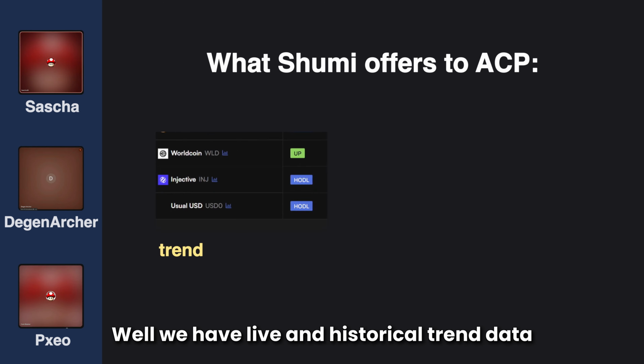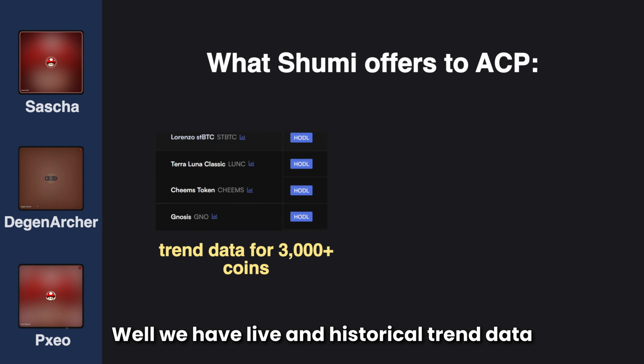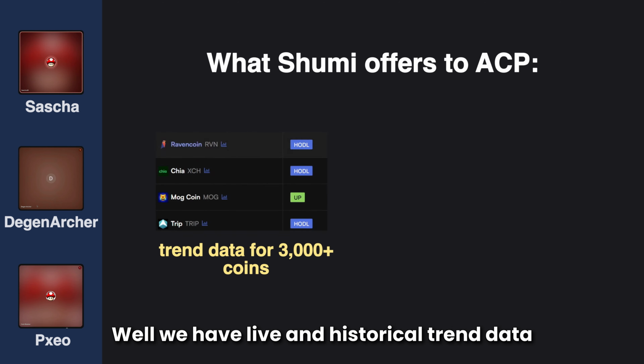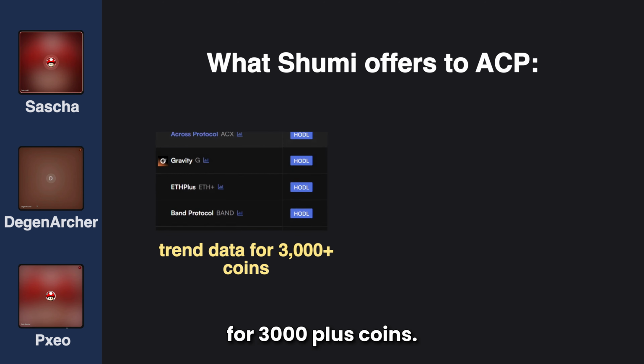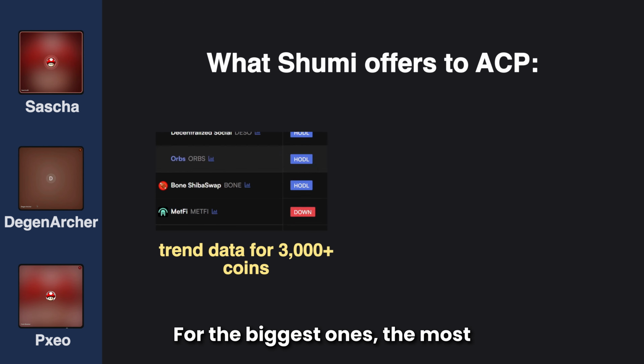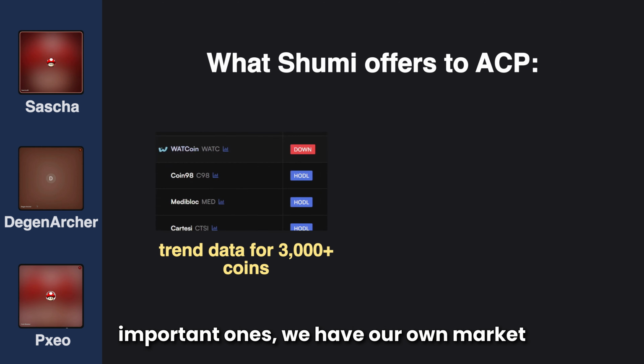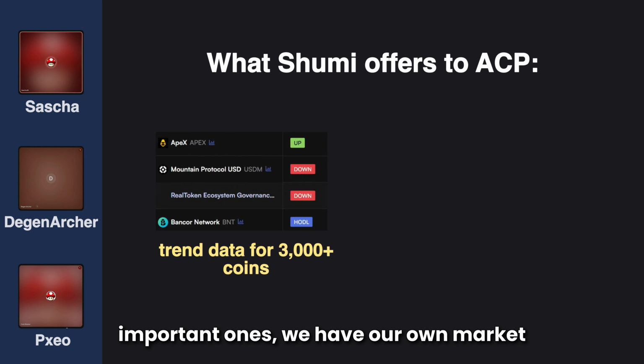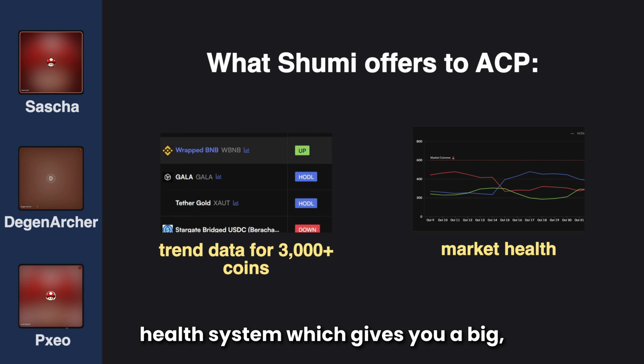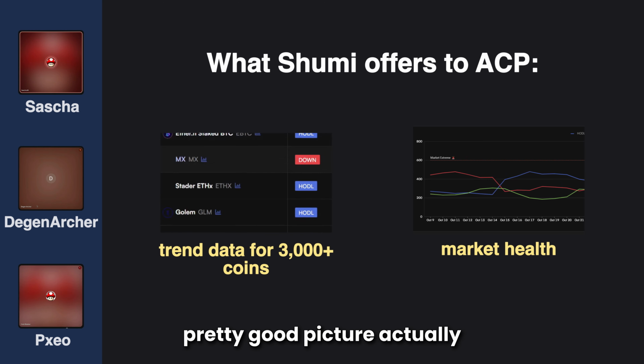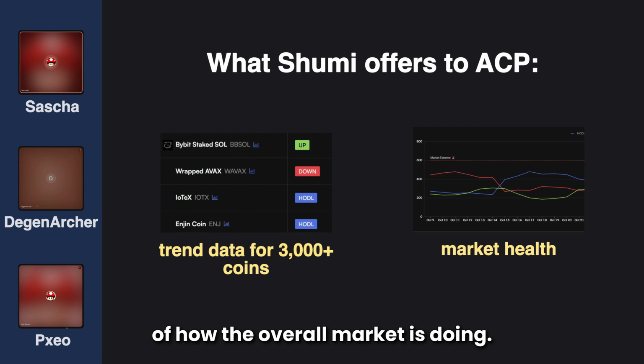Well, we have live and historical trend data for 3,000-plus coins, for the biggest ones, the most important ones. We have our own market health system, which gives you a pretty good picture of how the overall market is doing.